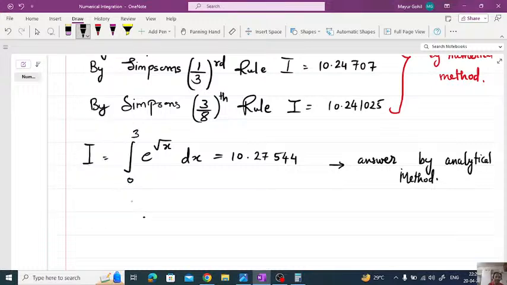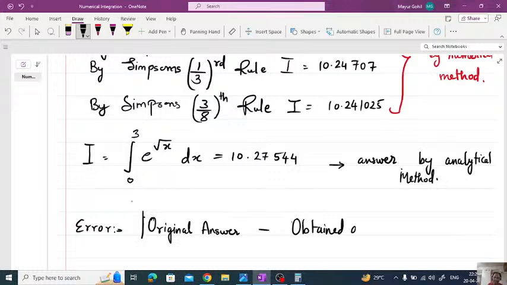The formula for error is original answer minus the obtained answer.